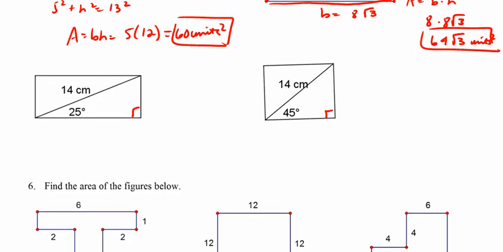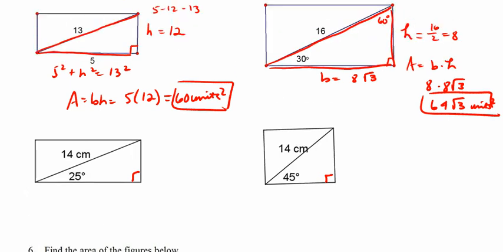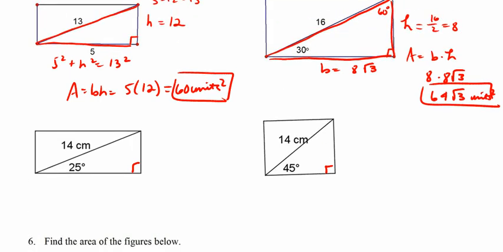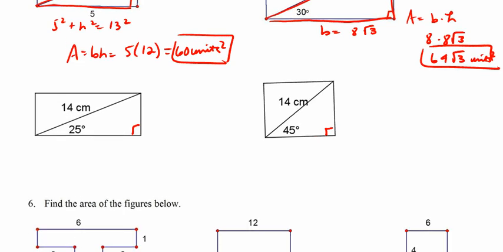Next, we have a rectangle very similar to the last problem, almost exactly the same, except instead of the ever so convenient 30 degrees, we only have 25 degrees here. So the numbers are not going to be quite as neat as the previous problem. Alright, so I've got to figure out b and h here. To figure out b, here's the triangle that I'm considering.